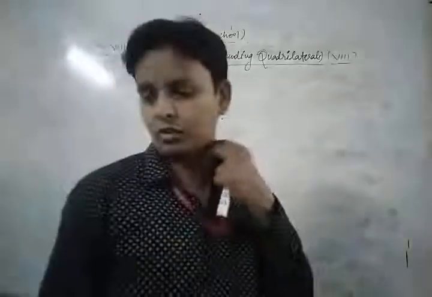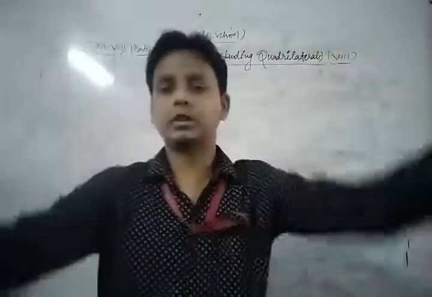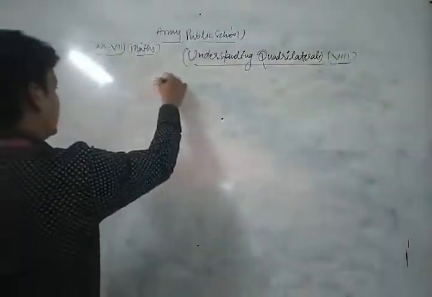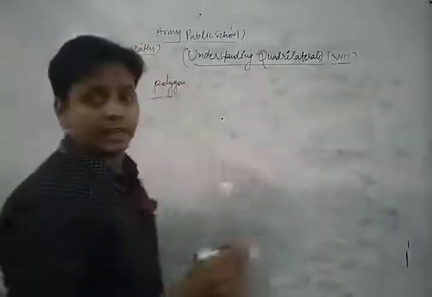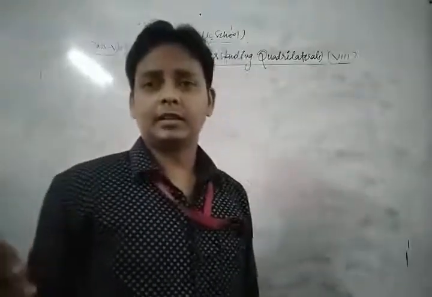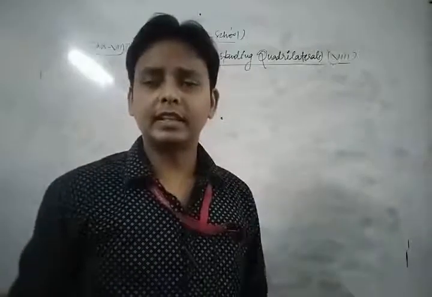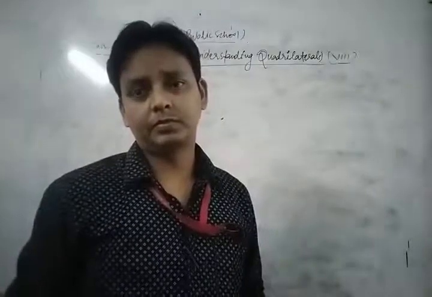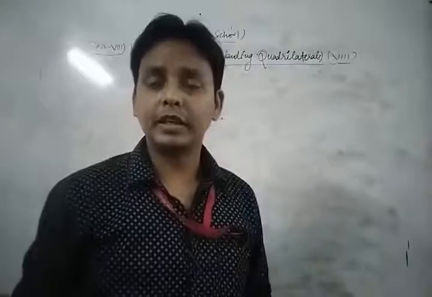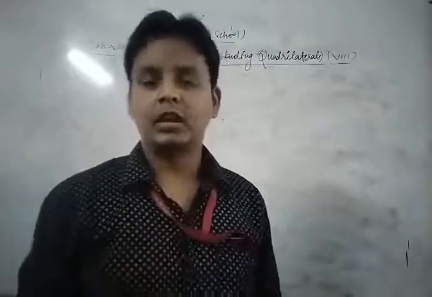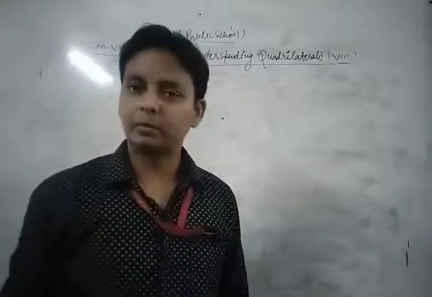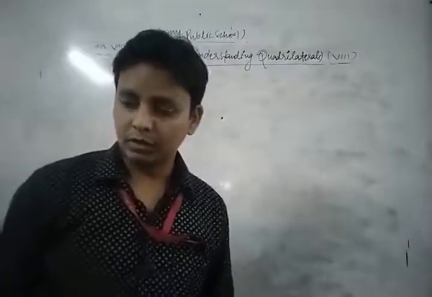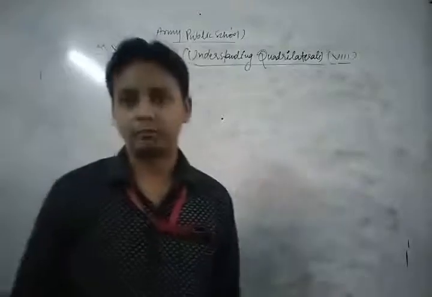Now first of all we discuss the polygon. What is the concept of polygon, dear students? Let's see. A polygon is a closed region bounded by only line segments, and there are two types of polygon, convex polygon and concave polygon.